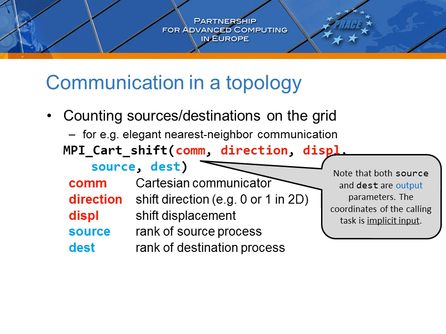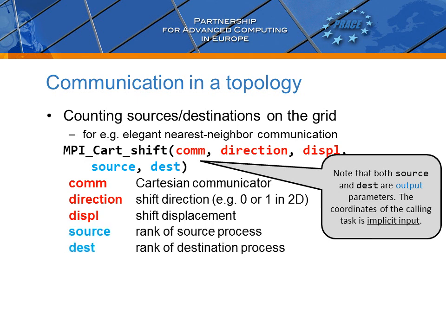We will consider another related routine which is often used in conjunction with Cartesian topologies. The routine MPI_Cart_shift will identify the desired communication partner rank, very much like manually computing it from the coordinates. For each Cartesian dimension, we can determine the ranks around the calling rank, provided as output arguments source and dest.